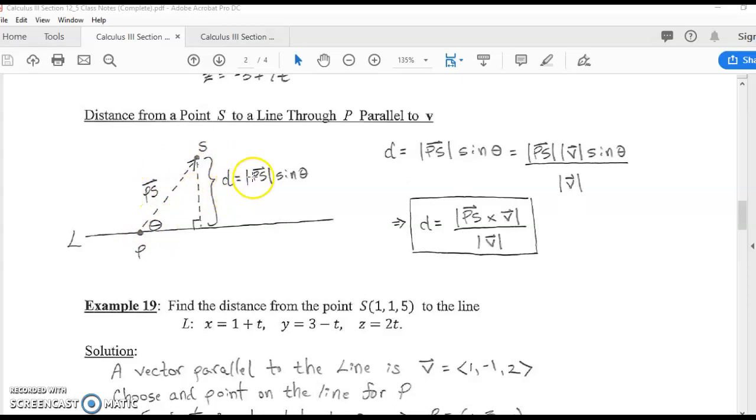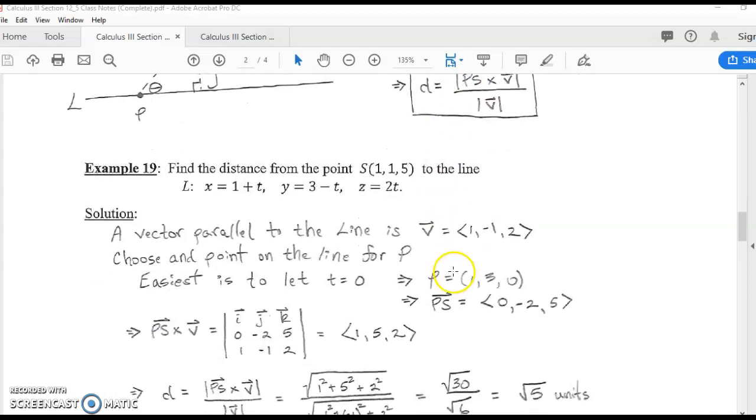In other words, D is the length of the vector PS times the sine of theta. Now, if I just add in the length of V in the numerator and divide by the length of V, it's really the same thing. Then I have a nice formula for that distance. It's the length of the vector PS cross V divided by the length of V.